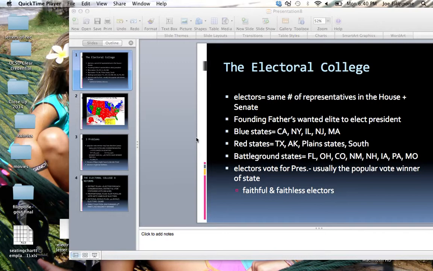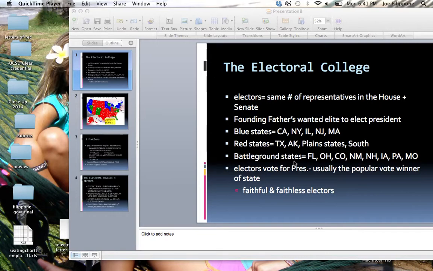Texas, the Deep South, usually what we call the Bible Belt, are Republican states or conservative states. And the Plains states, talking Montana, Wyoming, Idaho, North Dakota, South Dakota, Nebraska, Kansas, and Oklahoma.